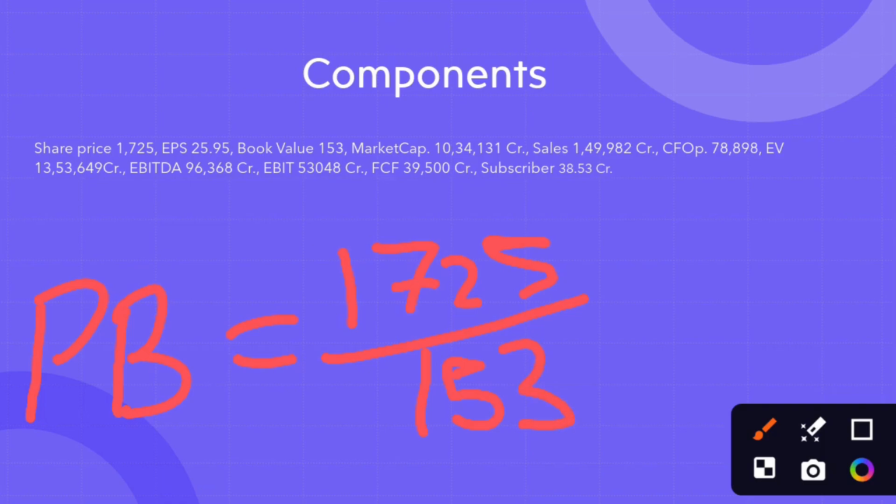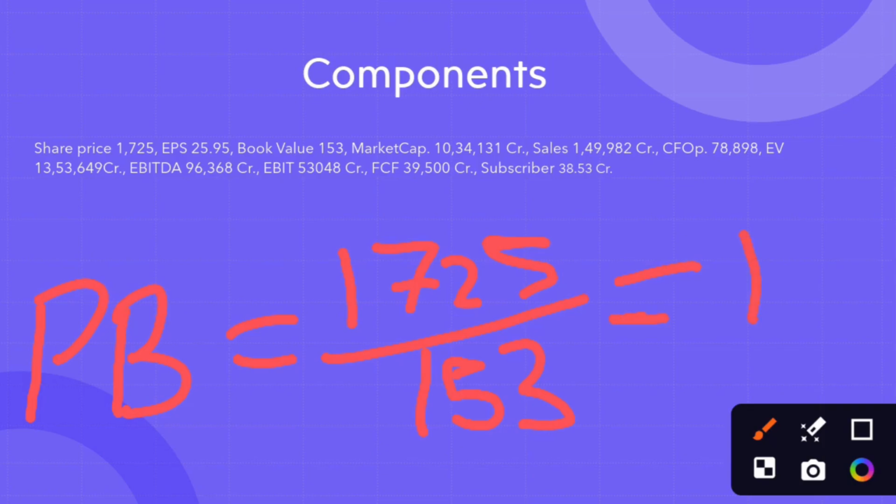We can get this from Google or the company's financial statements. You can search for the PB of Bharti Airtel, see these ratios online or from stock market brokers, or calculate them as I am doing.